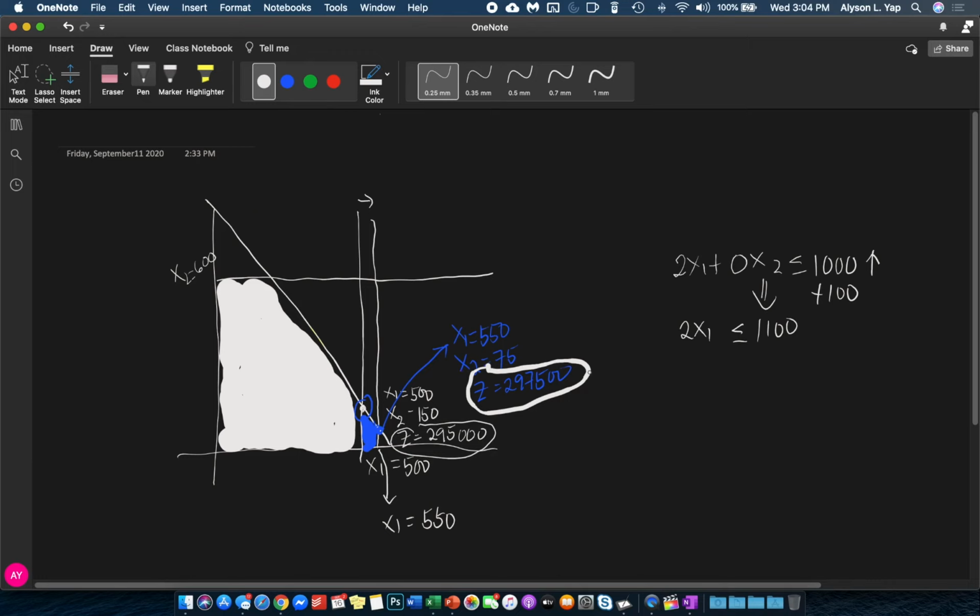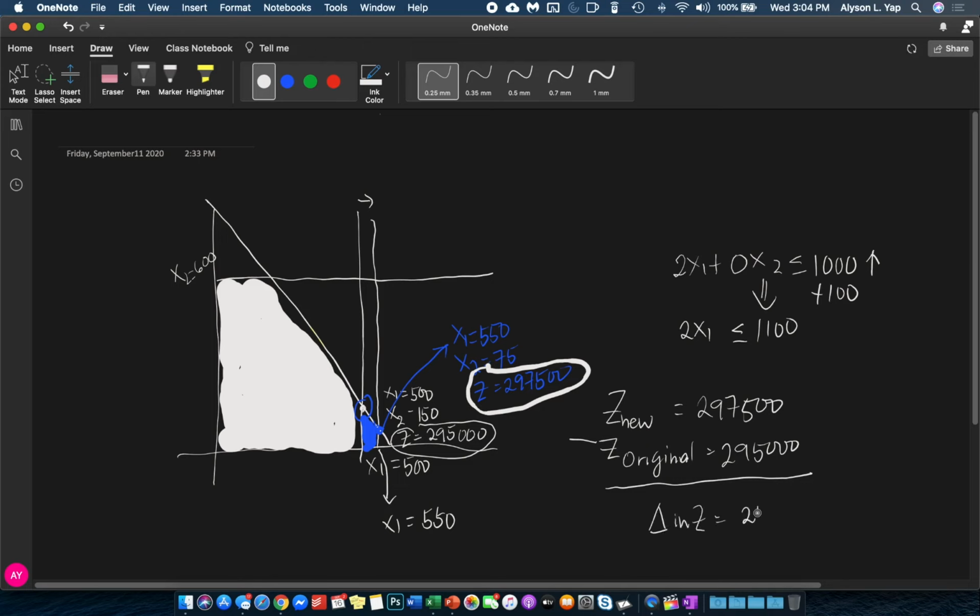Given that we increased our right hand side from 1000 to 1100, the new z value, so z of new, is equal to 297,500, and your original z is 295,000. Okay?